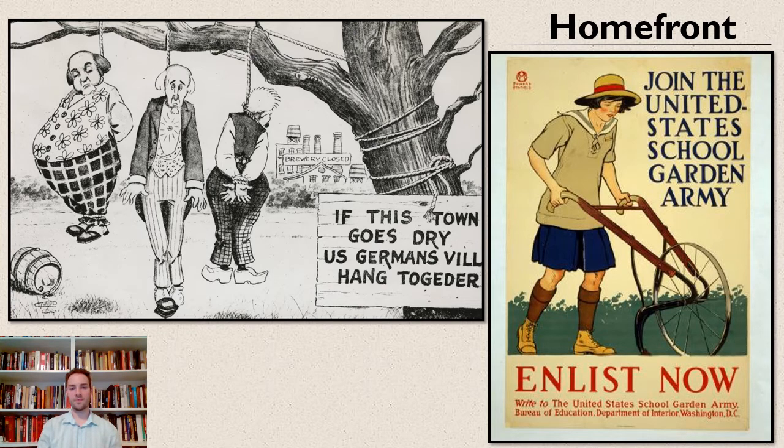So, for example, during this time in America is when prohibition becomes more and more on the table. Well, it turns out that most of the brewing in the United States is done by Germans. America is going to go to war with Germany. So you start to get images like this. "If this town goes dry, us Germans will hang together." It's making fun of the way Germans talk.